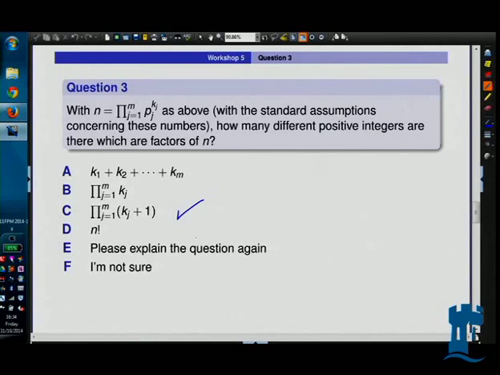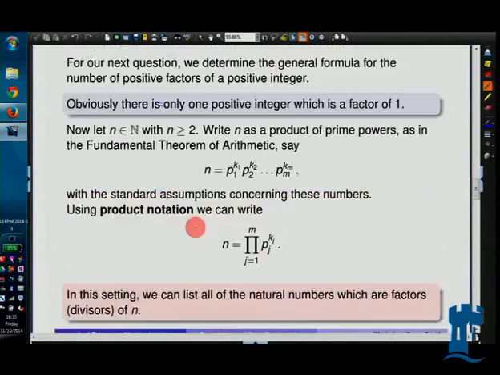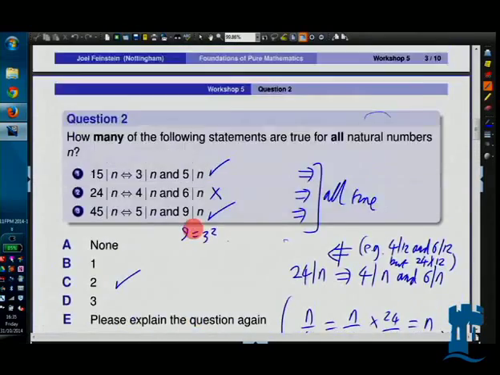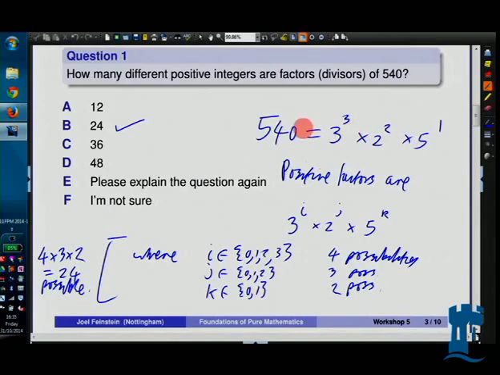Let me not go through that in detail. Let me just try and compare that with what we did before for 540. So the claim is that you look at the powers involved, you add 1 to each power, and you multiply all those numbers together. Let's just see if that fits with what we did for 540. 540, we said it was 3 cubed times 2 squared times 5 to the 1.